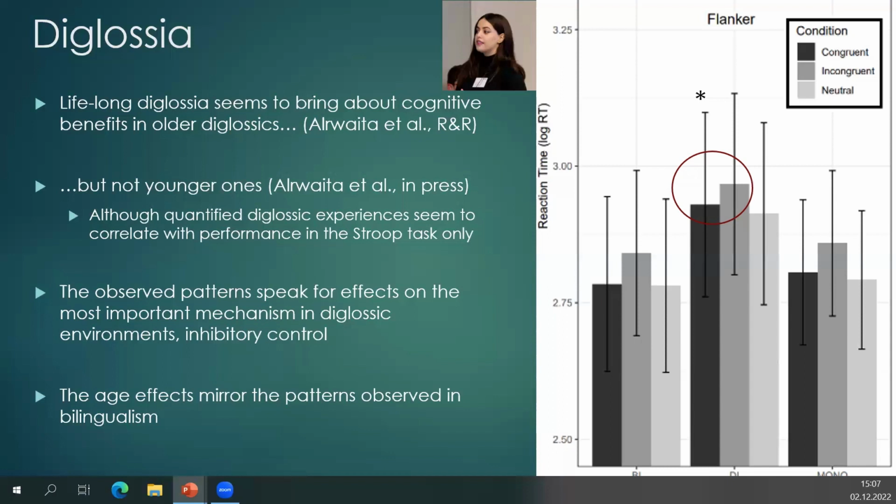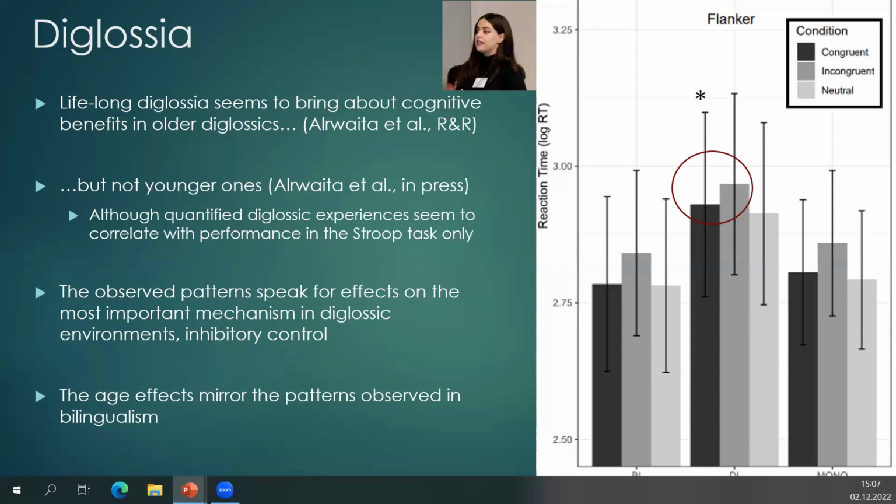If that rings a bell, this is what has been reported in bilingualism as well, right? So you get these bilingual advantages in older bilinguals, but not the younger bilinguals, right? So this is what's called the cognitive peak hypothesis, that the younger participants cannot get any better because they are at their cognitive peak. And these behavioral effects are more likely to appear later on in life.